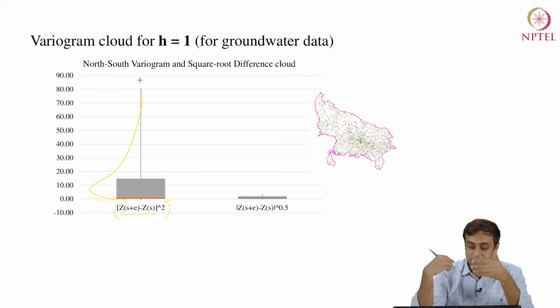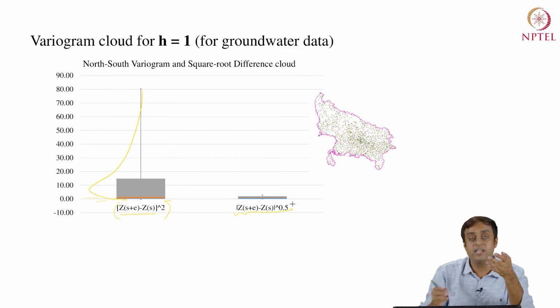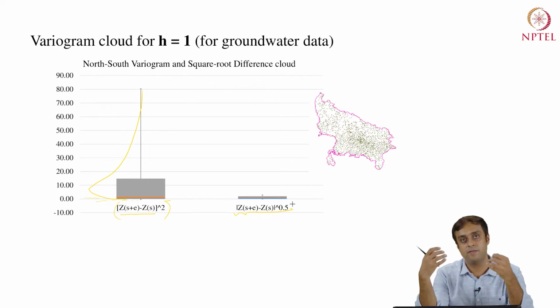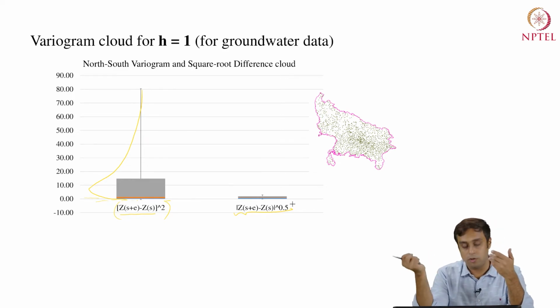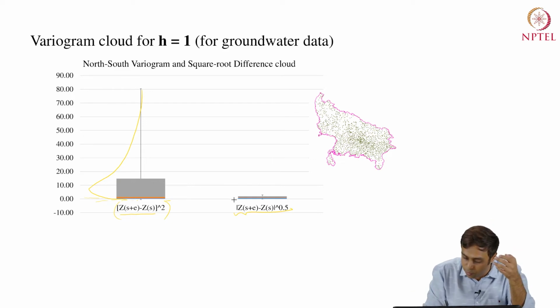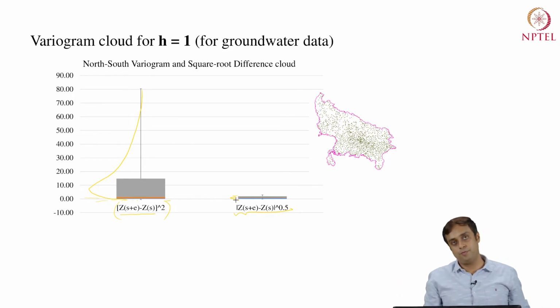Whereas if I look at the representation which the resistant statistic is using, which is the square root of the modulus or absolute difference between these locally situated values, then the distribution seems much tighter and perhaps closer to what we are used to.